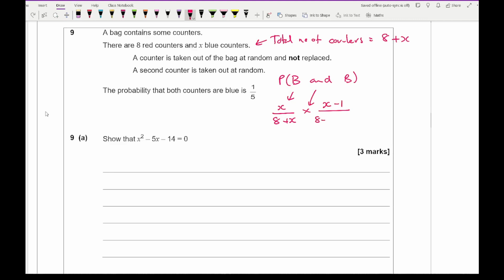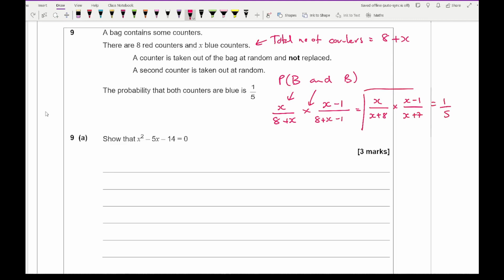Well, it's going to be 8 plus x, take away 1. Now if I simplify that, I get x over x plus 8 times x minus 1, and 8 take away 1 is 7, so that's going to be x plus 7. And that is equal to 1/5.